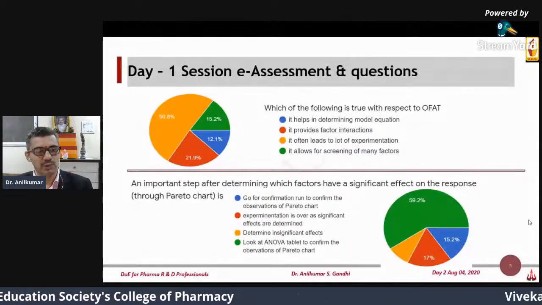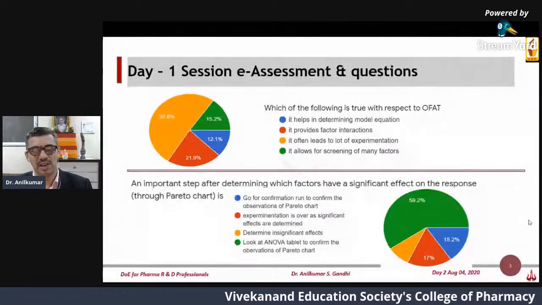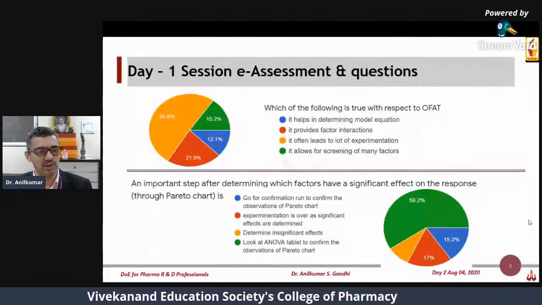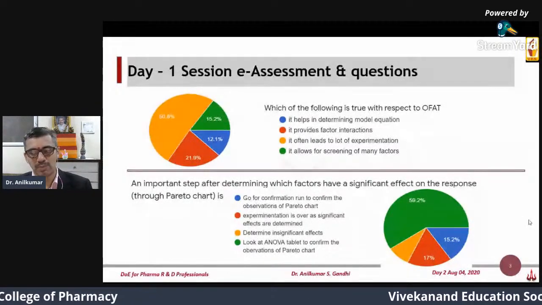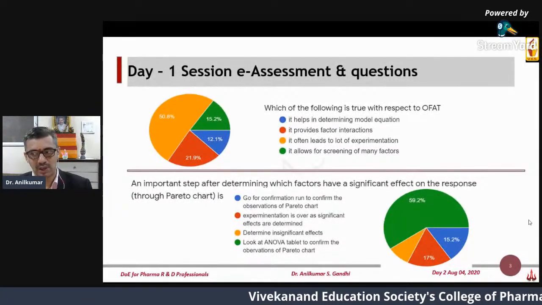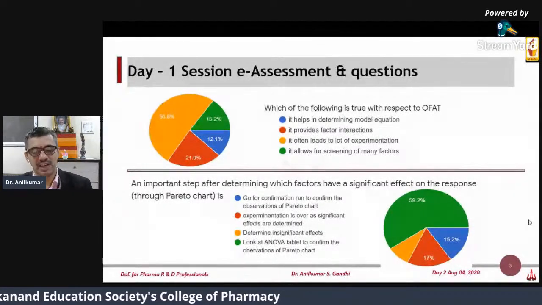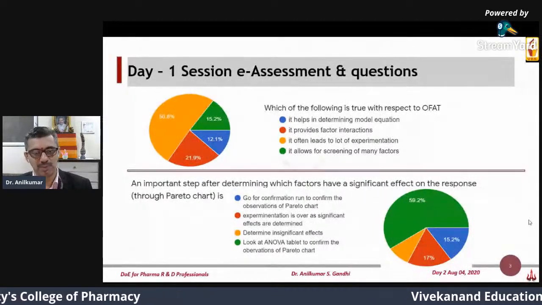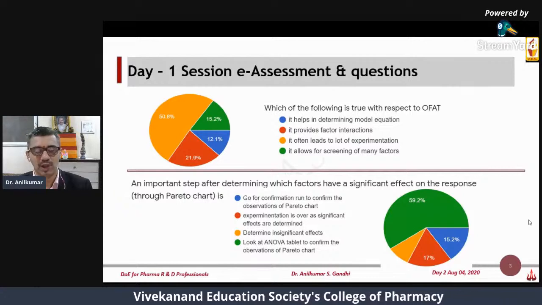The next question was, an important step after determining which factors have a significant effect on the response, the Pareto chart is... What I really meant was, if you remember, I had given a tip on a slide which said that before we go further, we must confirm our results through ANOVA.